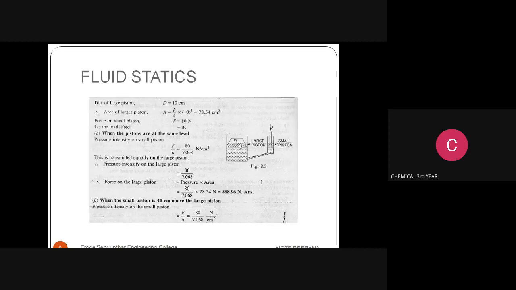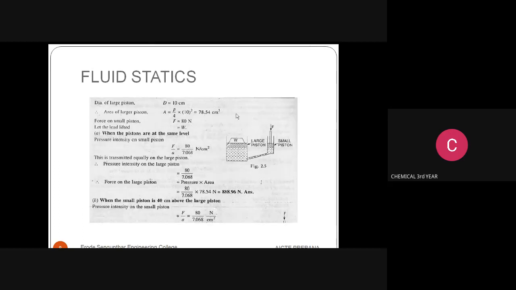So when the pistons are at the same level, we need to find out the load lifted by the large piston. Likewise, when the small piston is 40 centimeter above the large piston, we need to identify what amount of load is lifted by the large piston. The density of the liquid in the jack is given as 1000 kg per meter cube. You can see this figure: the large piston and the small piston.